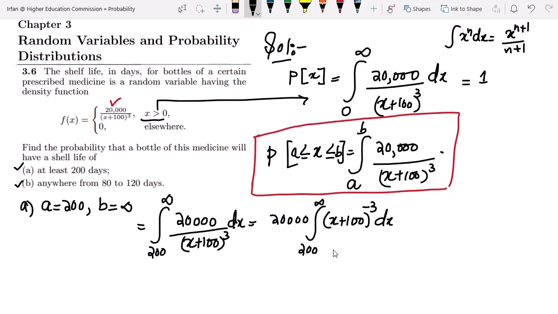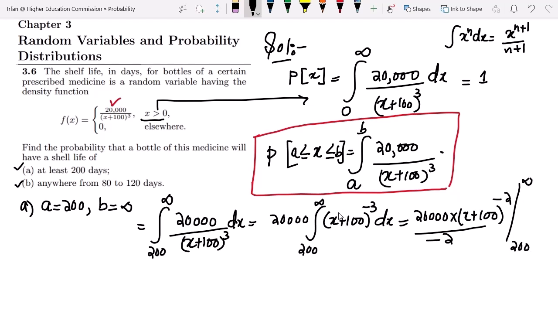Applying the same rule here with these ranges, I will get 20,000 multiplying (x plus 100) to the power minus 3 plus 1, which becomes minus 2, dividing over this minus 2, and the ranges here are 200 to infinity.